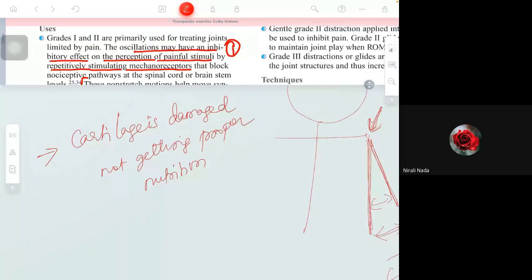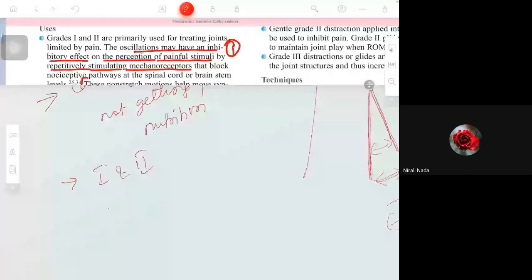Clear? By the oscillatory movement, you are improving the synovial fluid mobilization. Clear? Synovial fluid movement is improved when you are giving grade 1 and grade 2 oscillatory technique. So if you are doing mobilization grade 1 and 2, then what will happen? Nutrition will be provided, or the cartilage will get proper nutrition. Clear?